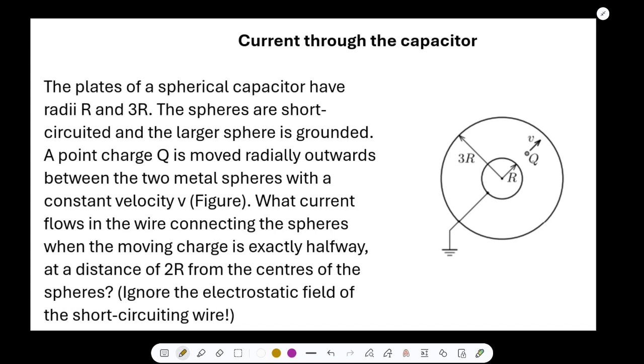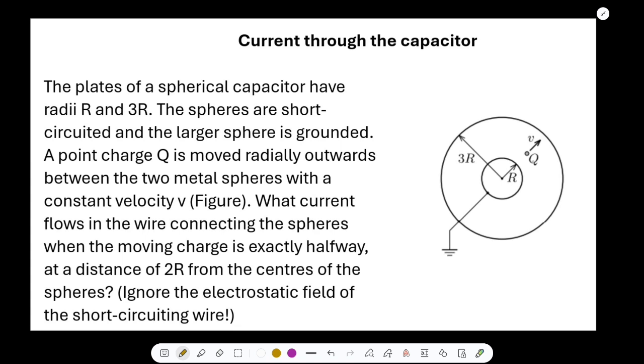Well, it's a good problem. The difficulty of the problem lies in the fact that the originally existing spherical symmetry of the metal balls is spoiled by the presence of the point charge q, and because of this, the charge distribution on the spheres becomes highly inhomogeneous, and the structure of the electric field is quite complicated.